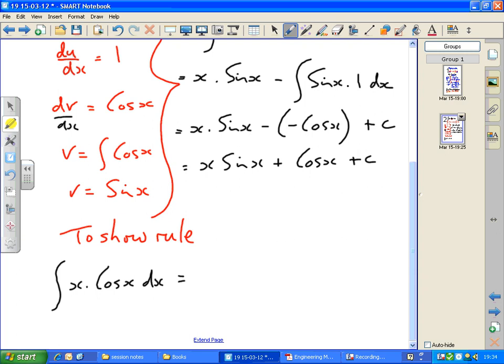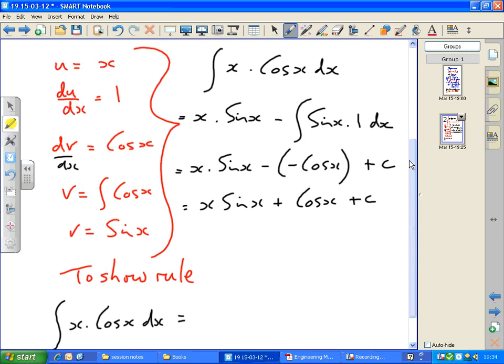Equals, and if we write this line down here, which was the first one we wrote, then that will give us our rule. So, equals x sin x minus the integral of sin x times 1.